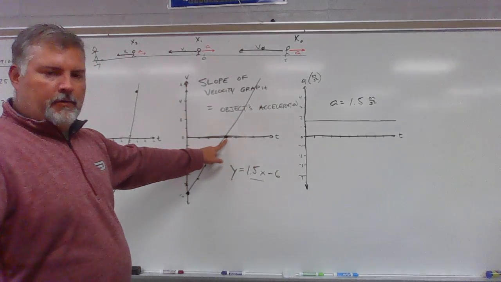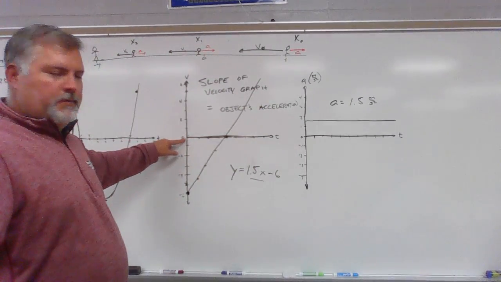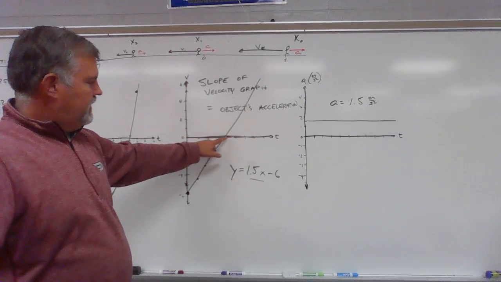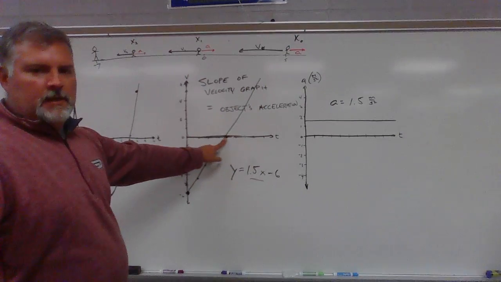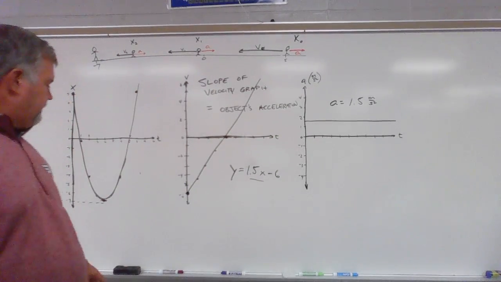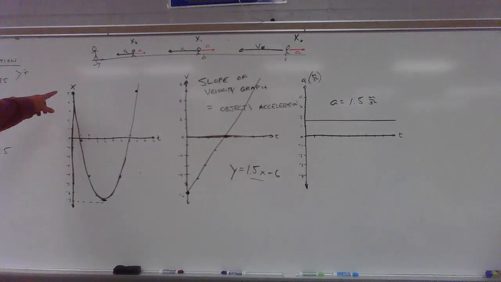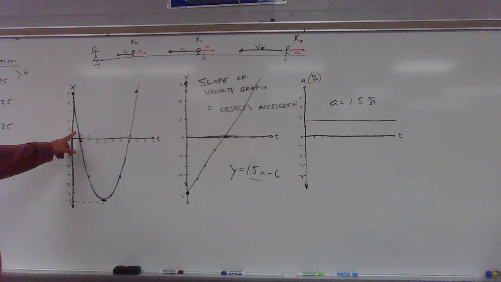Right here, where the graph crosses the time axis, that's where the velocity is zero. So this moment in time right there, at the 4-second mark, that object is not moving. And that's reflected here as well. All right, so the object is moving in the negative direction.